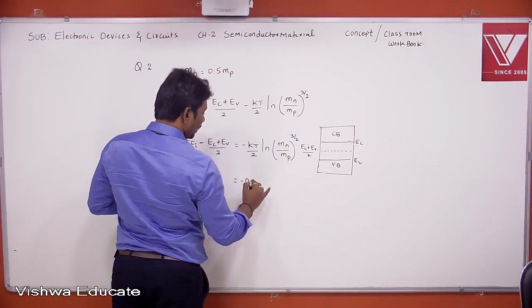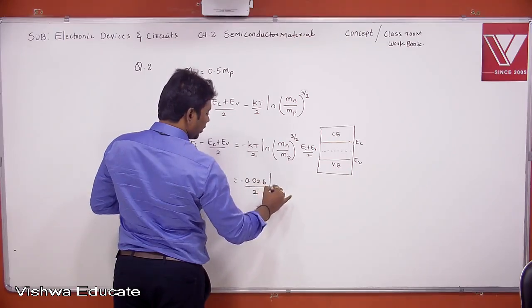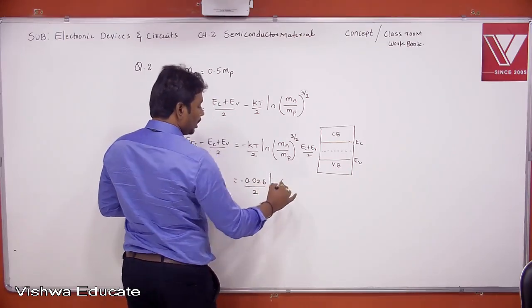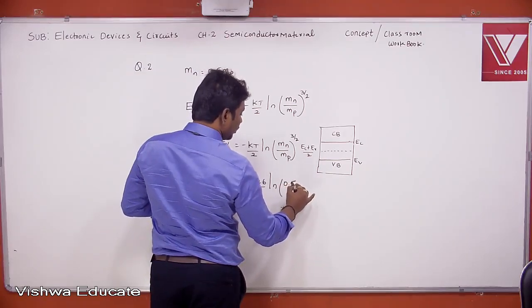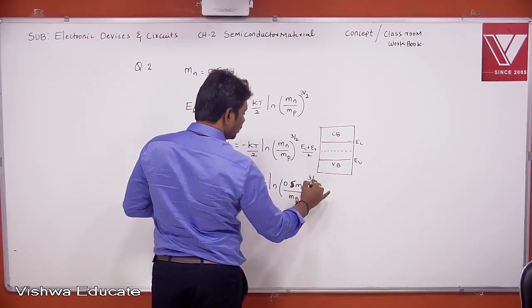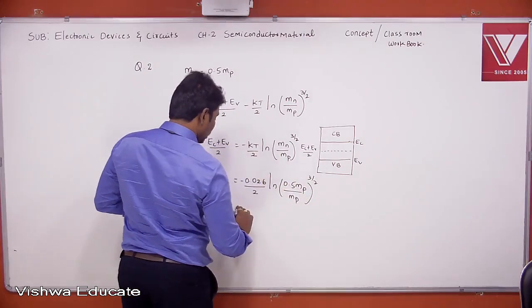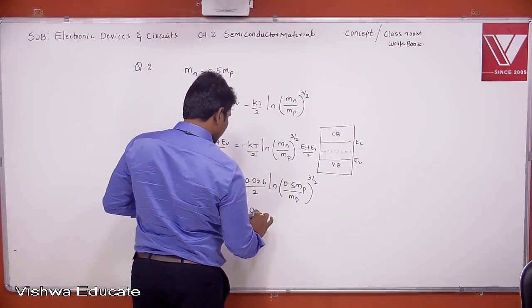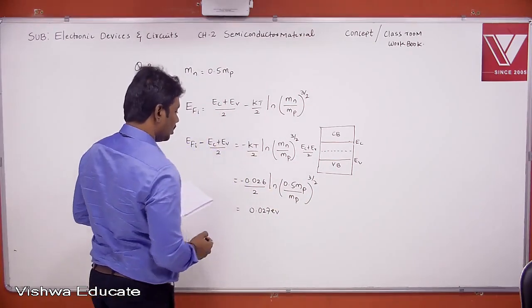What is KT here? KT is nothing but 0.026, by 2 ln of Mn, Mn is nothing but 0.5, Mp, whole power 3 by 2. So this value is equal to 0.027 electron volt, right?